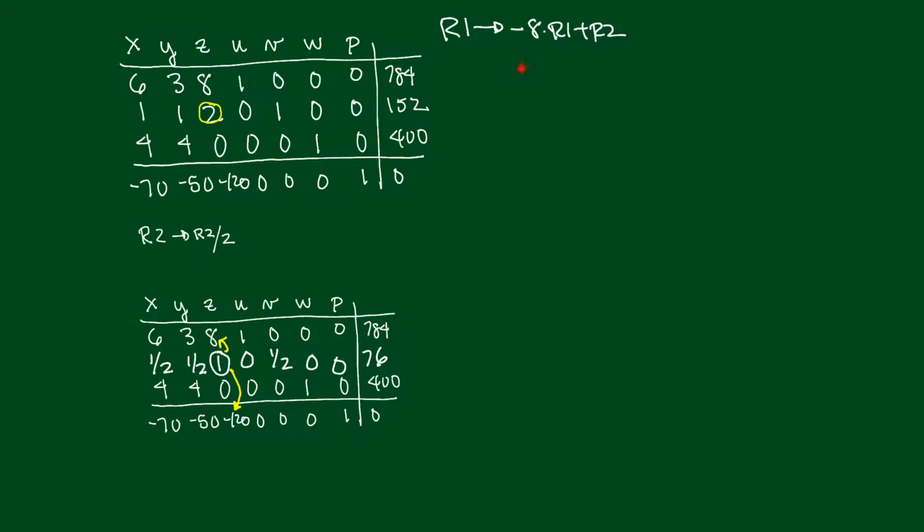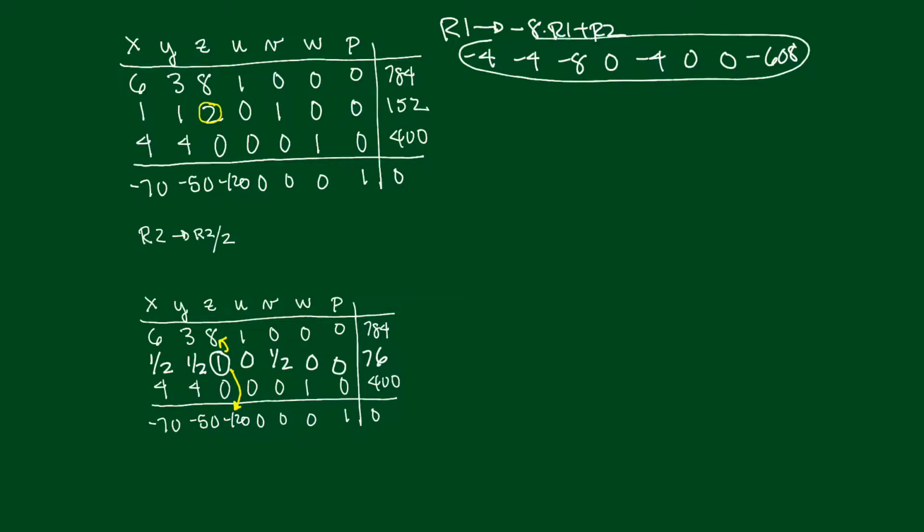Take that negative 8 and multiply it through every one of these numbers in row 2. We get negative 8 times 1/2, which is negative 4, and then negative 8 times 1 is negative 8, and then a 0, and a negative 4 again, 2 zeros, and negative 8 times 76 is negative 608. I will circle that, and then in just a bit we will add that to row 1.